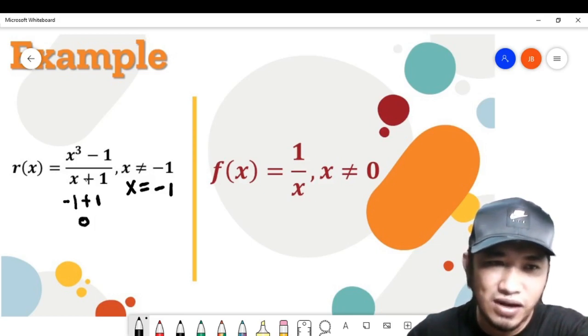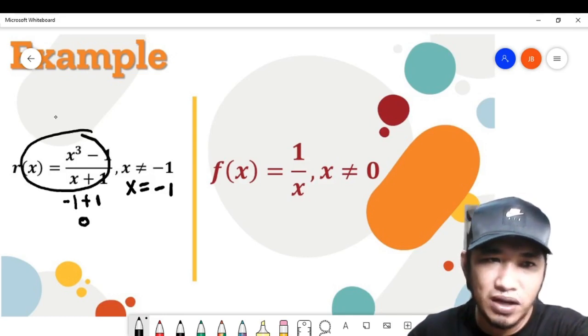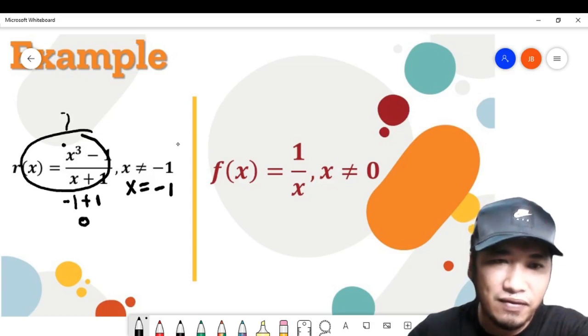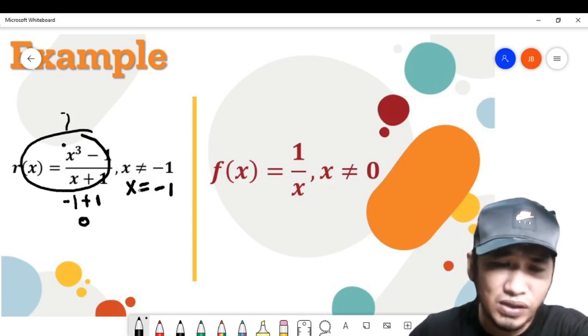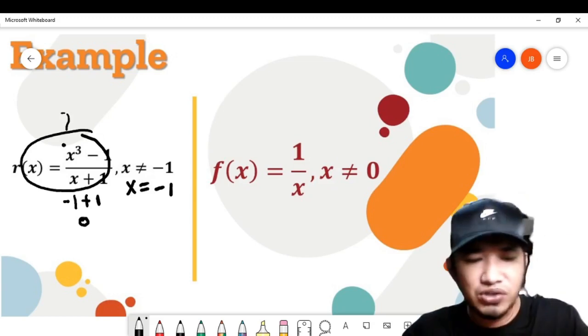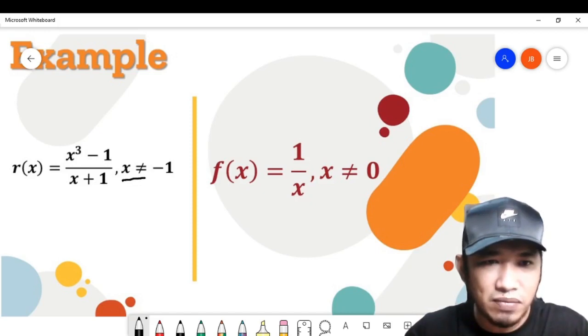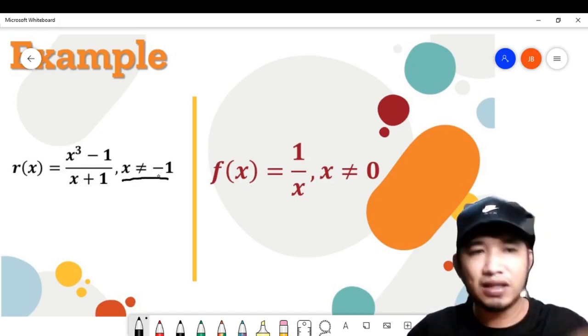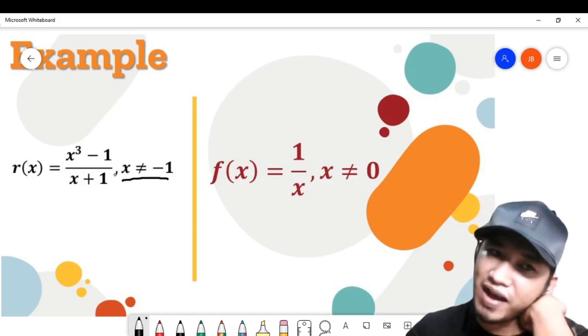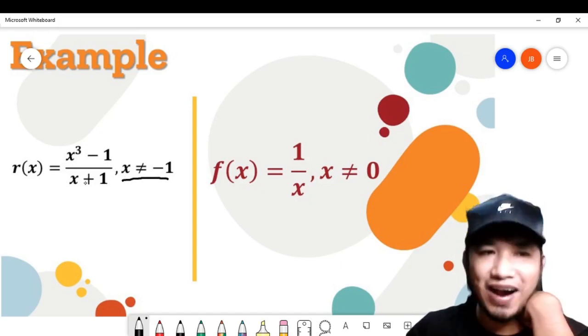And if our denominator is 0, our whole function becomes undefined. That is why it is stated in our function that x must not be equal to negative 1, so that our function r of x will work.